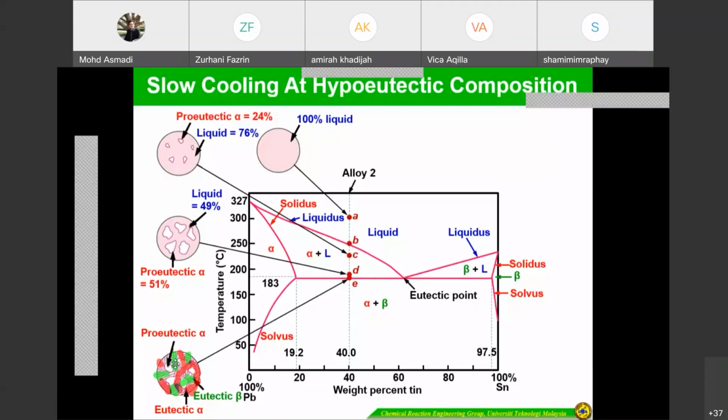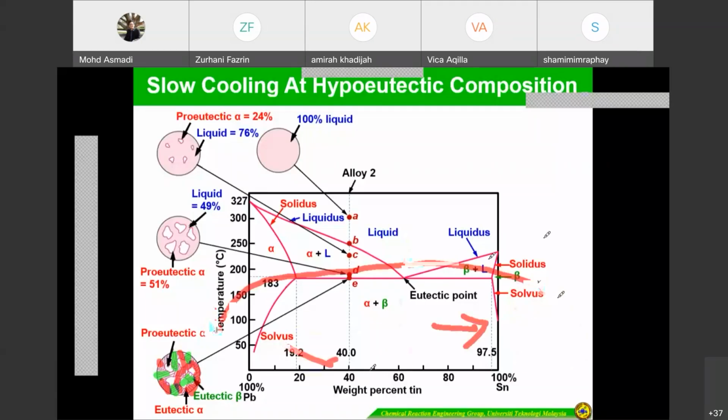That one is proeutectic, mostly alpha because it's hypoeutectic. This one is hypoeutectic. Here, because this is beta.